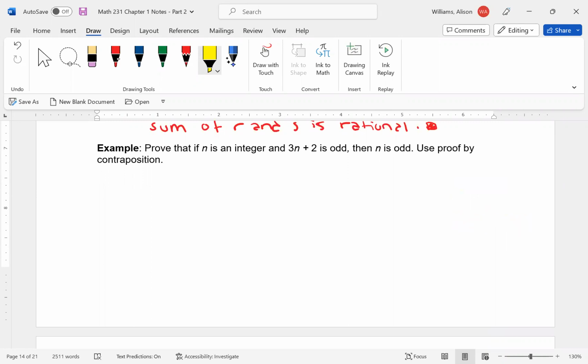So here's what we got. In this case, we want to prove if n is an integer and 3n plus 2 is odd, then n is odd. Okay, so just so we're clear, this first line, that's P. And this second line, that's Q. So I'm going to assume not Q. I'm going to assume n is not odd, which means I'm going to assume n is even.